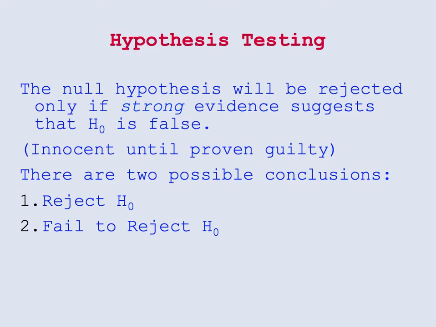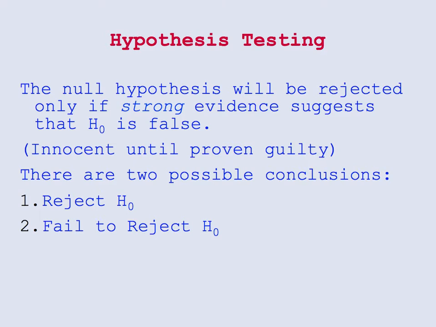If you remember, in the legal system, as in hypothesis testing, there are basically two conclusions that we can come up with. At the end, we can either reject the null hypothesis or we can fail to reject the null hypothesis.